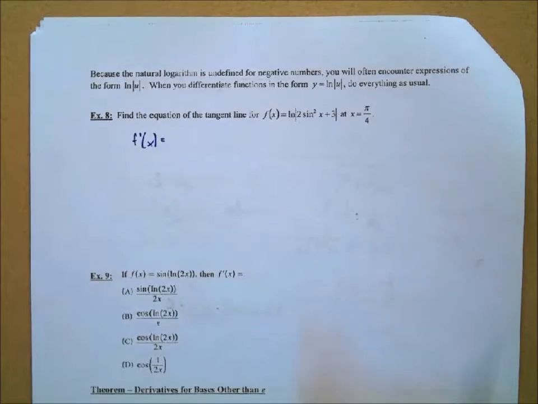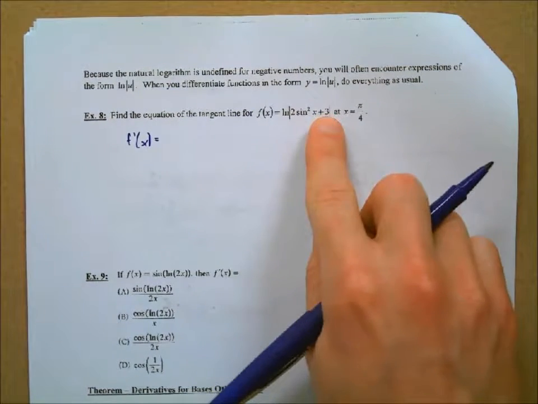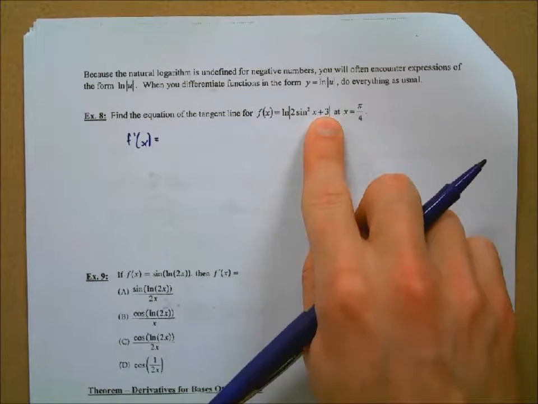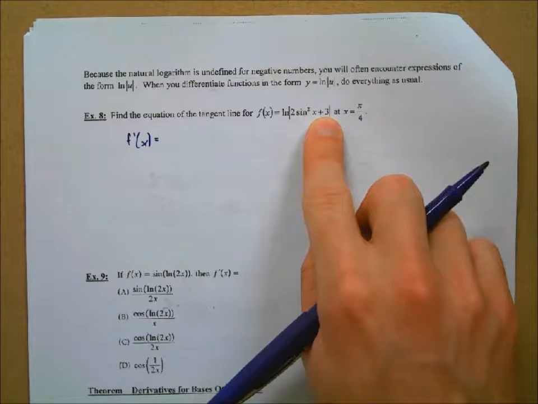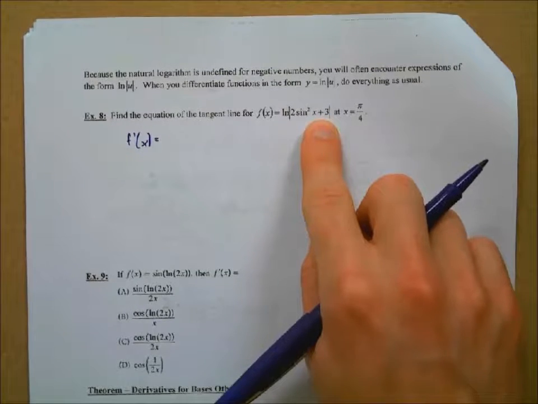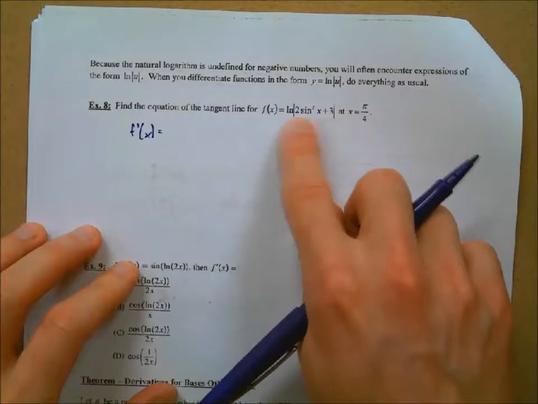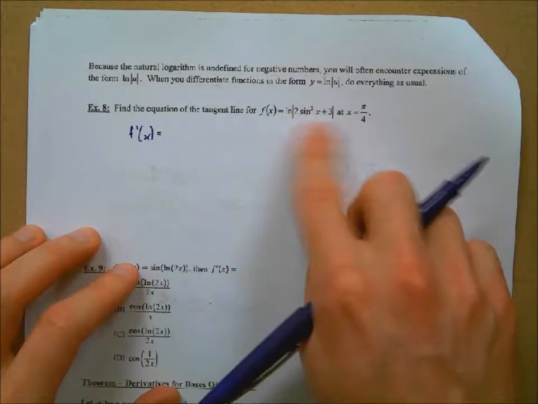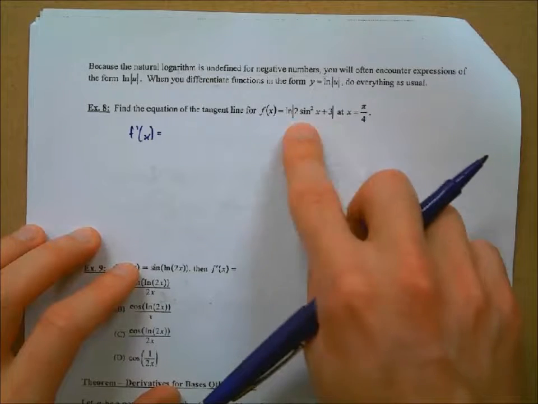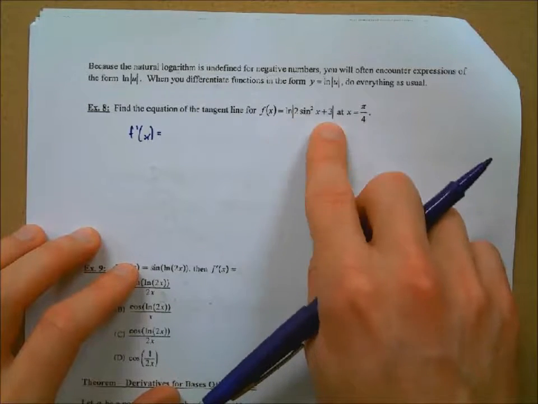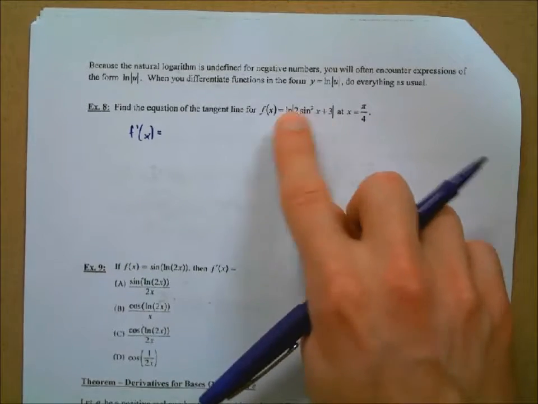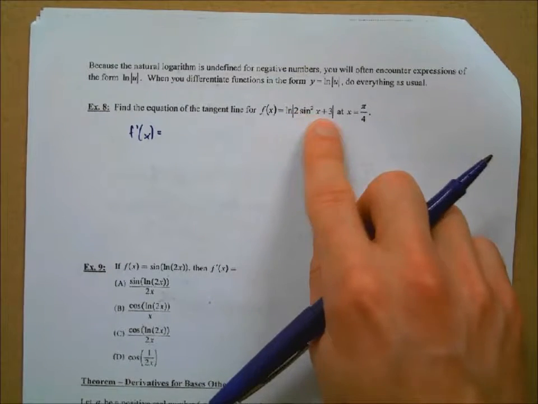There's no real simplification we can do here. Addition in a logarithm, there's no property to break that up, so we must leave it the way it is. So what rule are we going to use when we take the derivative of this function? Do we need the product rule, for example? Is this natural log times 2 sine squared x plus 3?